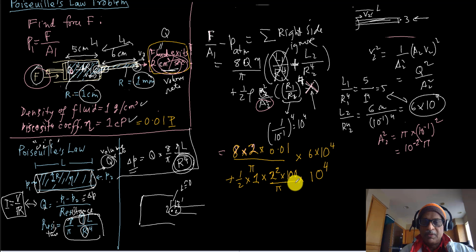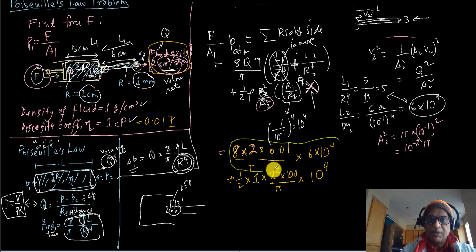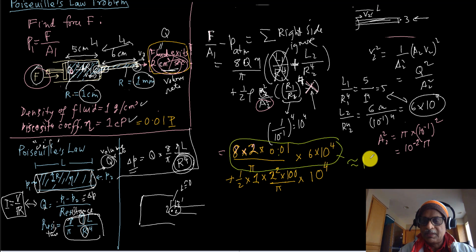So we already see in this particular numerical values given, this will turn out to be 10 to the 4, 10 to the minus 2, a factor of 10. So this is like 10 to the power 3.